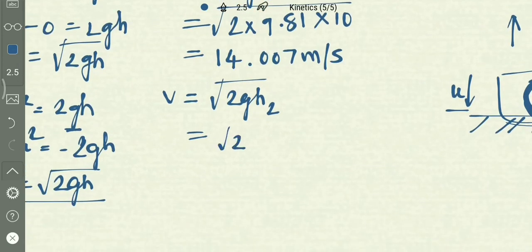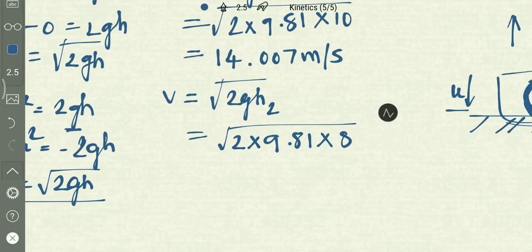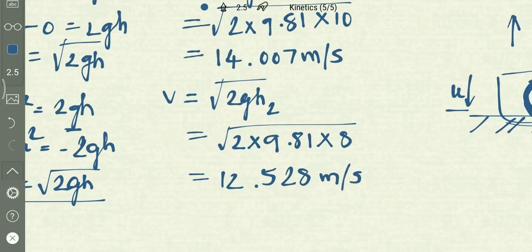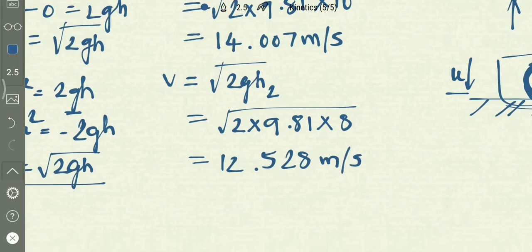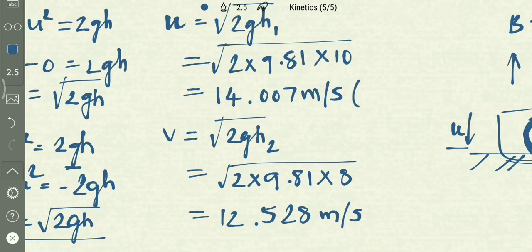So v is the square root of 2 into 9.81 into 8 meters. This is the velocity with which it is thrown, and it is 12.528 meters per second. This is downwards, this is upwards.